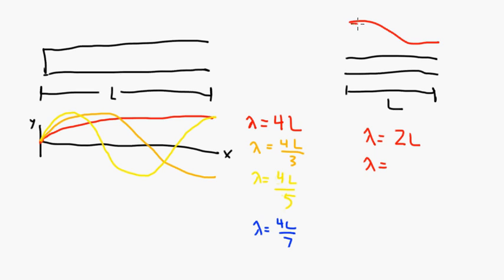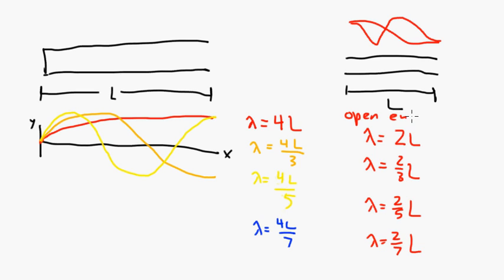The next one looks like this. So that must be a wavelength of 2/3 L. And then the next one is a wavelength of 2/5 L, and then a wavelength of 2/7 L. So there we go. This is for the tube with 2 open ends, and this is the tube with 1 open end. So there you go. Those are the resonant frequencies.